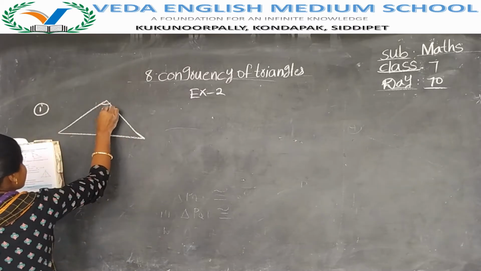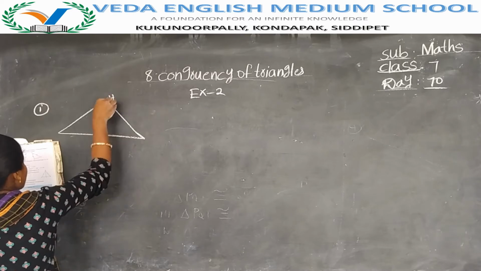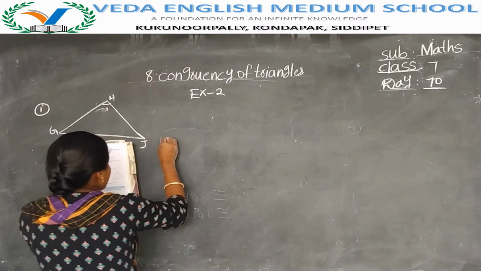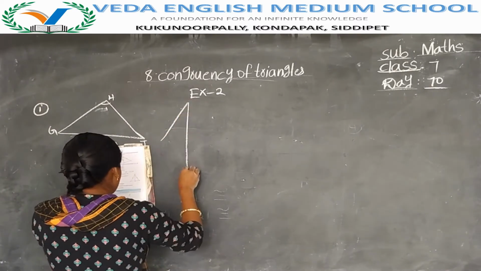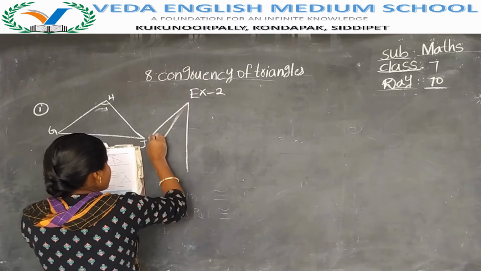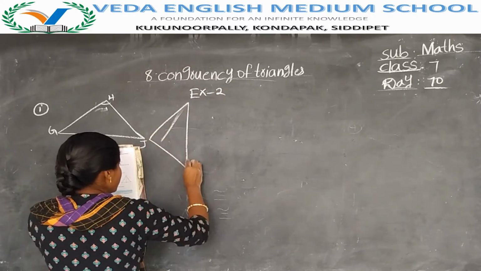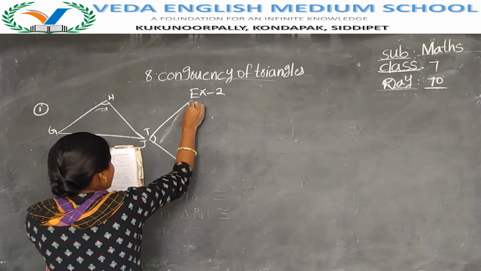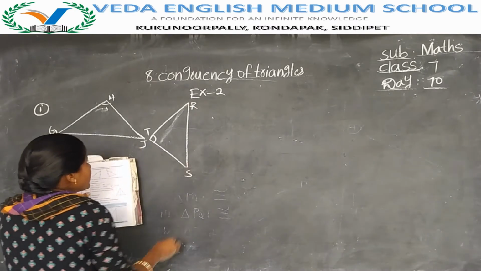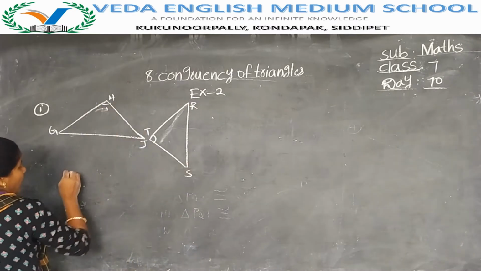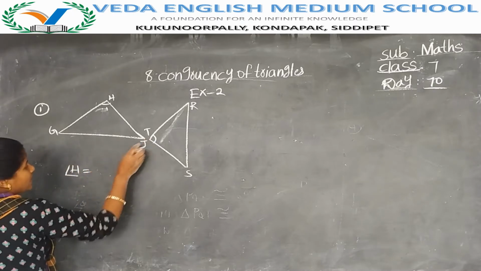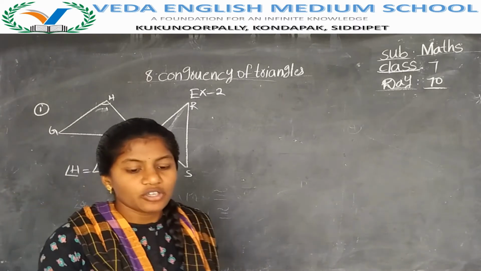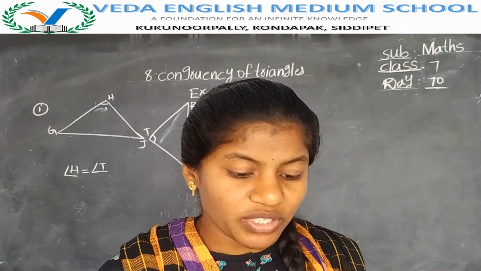Here H, G, J, then T, R, S. They have given one angle as equal, that is angle H is equal to angle T. Then what more information do we need here? We need to say that two sides should be equal. Then which two sides do we have to say?